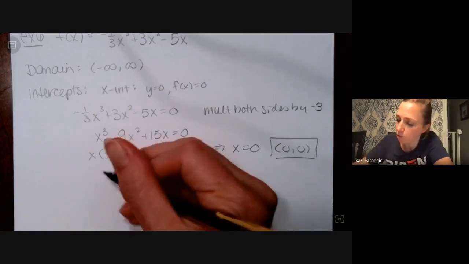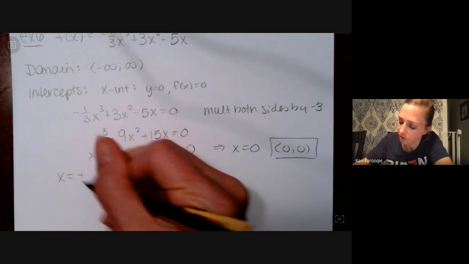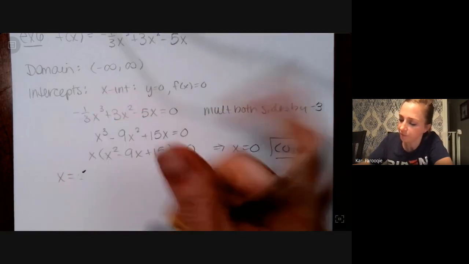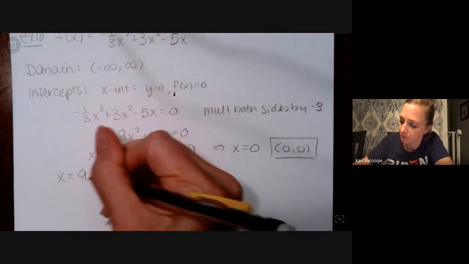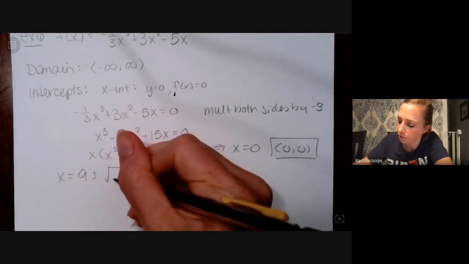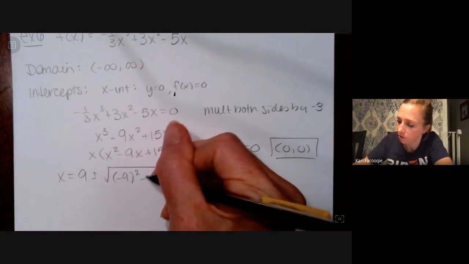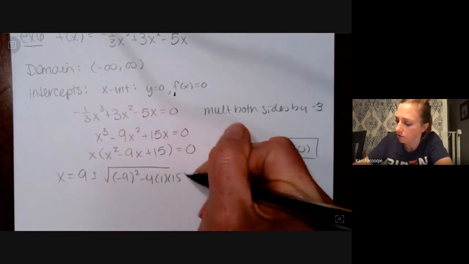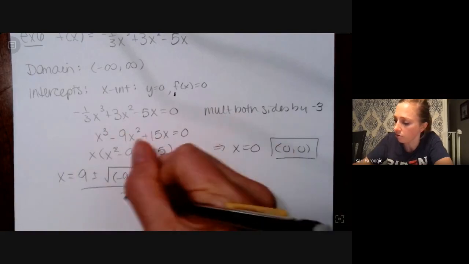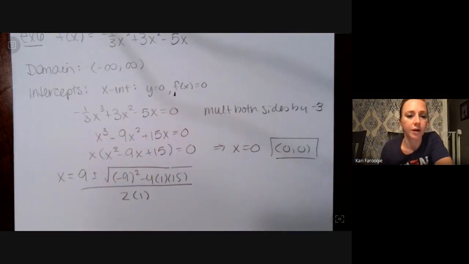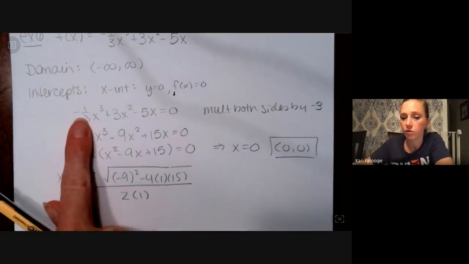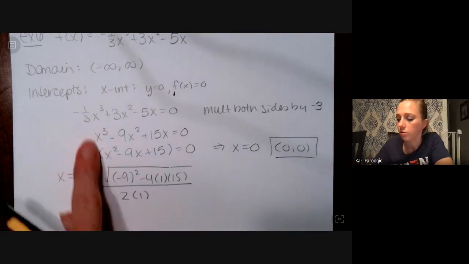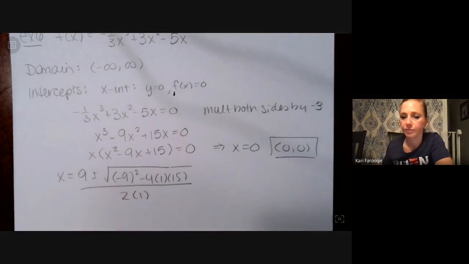Okay. Quadratic formula: x equals -b plus or minus the square root of b squared minus 4ac, all divided by 2a. This is why you want to have integer coefficients. The last thing you want to do is use the quadratic formula with a fraction.